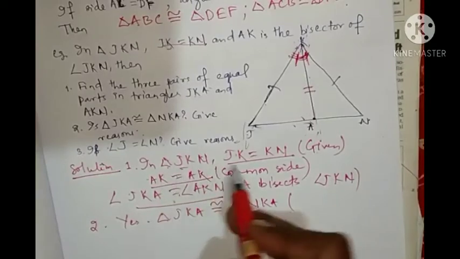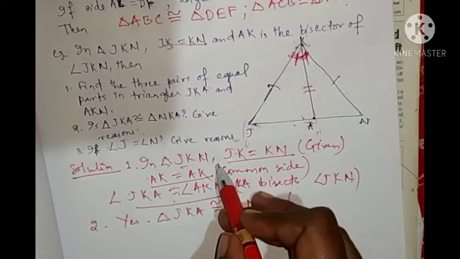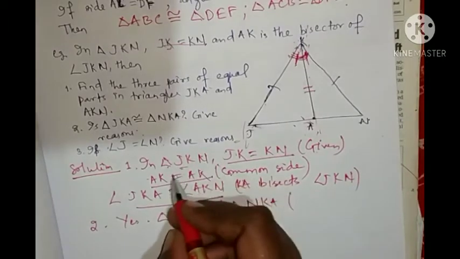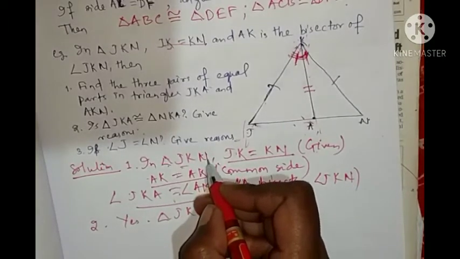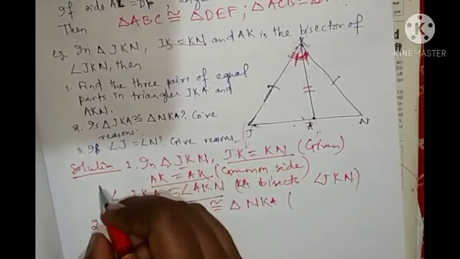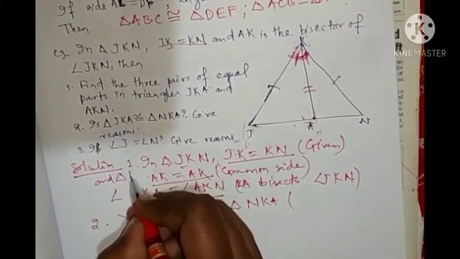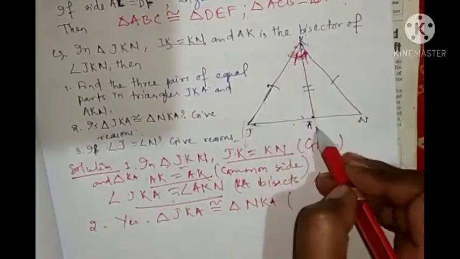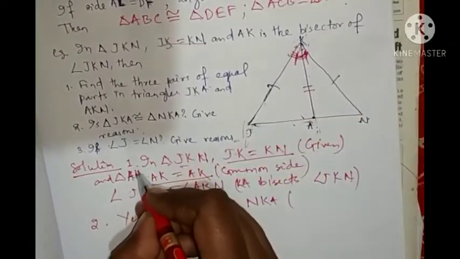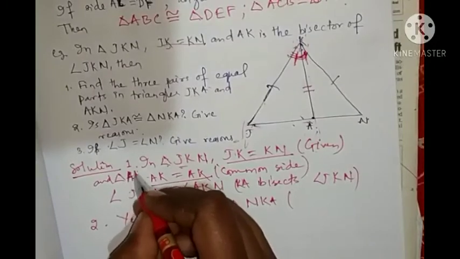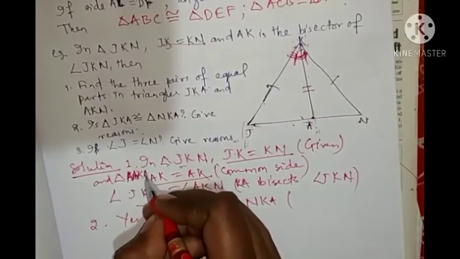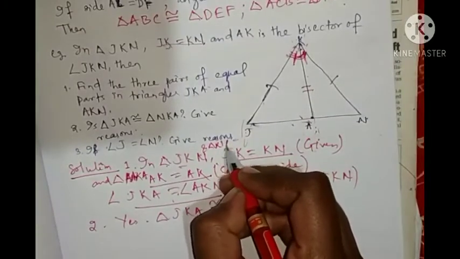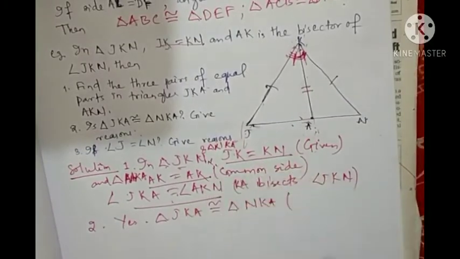Because in triangle JKA and triangle NKA, what is there?